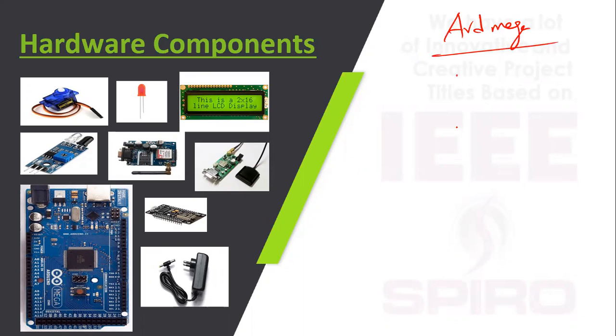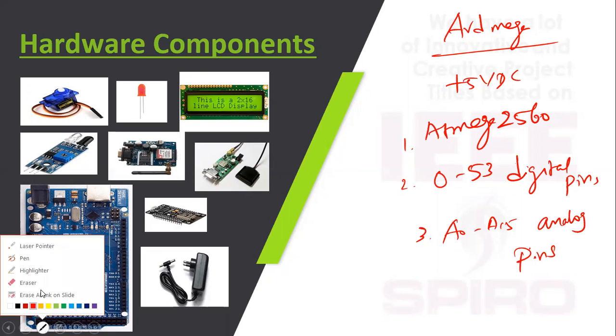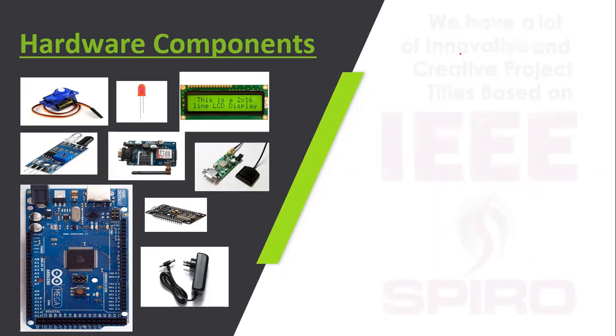The IC name is ATmega 2560, having a pin configuration of 0 to 53 digital pins and A0 to A15 analog pins. Then the servo motor: we are using a 5 volt servo motor. Its operating angle is 0 to 180 degree rotation.